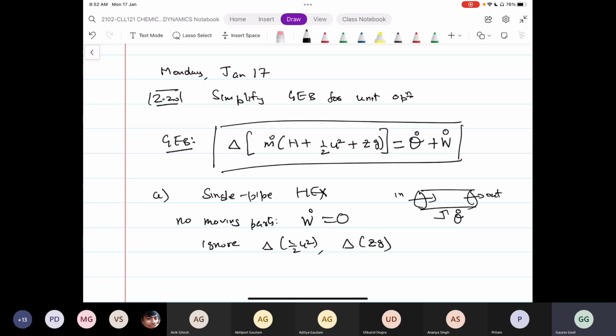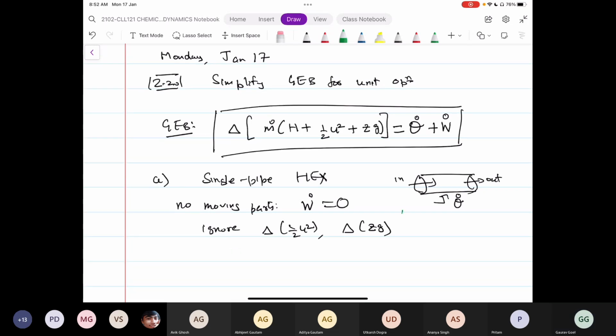As far as problem solving is concerned, many times the problem will specify this. But if you want to check, all you need to check is the magnitude of these quantities. So compare the magnitude of these quantities with respect to other relevant quantities in the system.